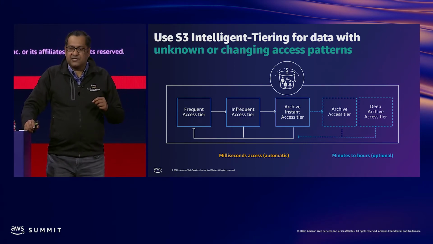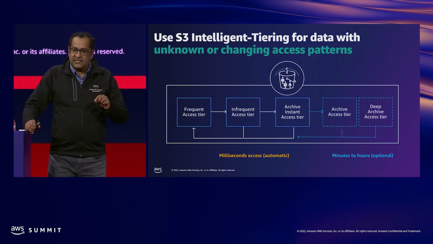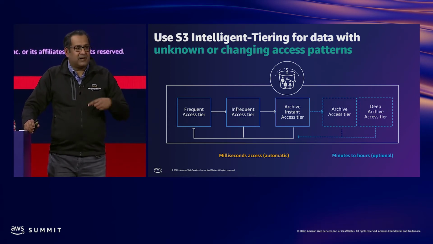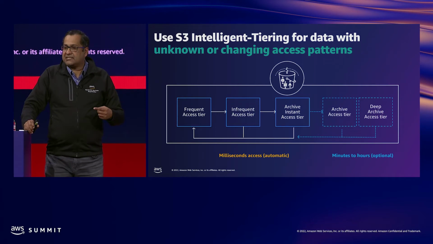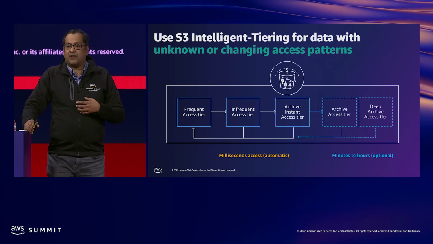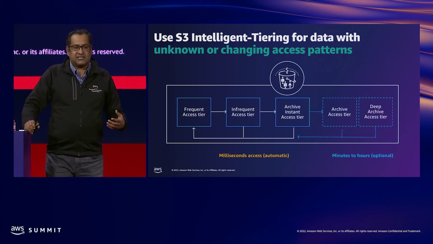The big difference between this and the lifecycle rules that I talked about before is that the lifecycle rules were based on the age of the data. This is based on the access of the data, right? So we are monitoring the access on the data. How many days ago did you last access the data? Which is why this is great for workloads where you have unpredictable access patterns.